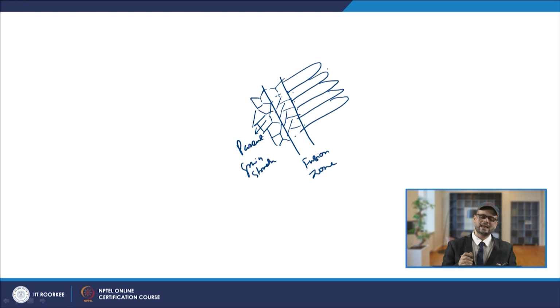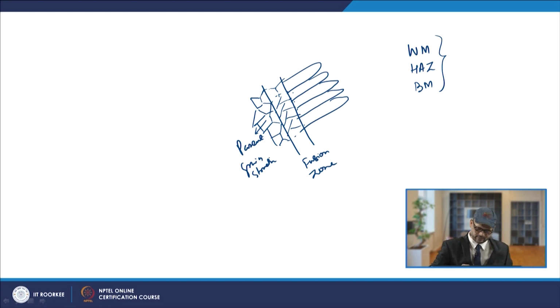So, as we discussed, you have 3 zones. You have the weld metal zone, the heat affected zone, and then the base metal zone. These are the 3 different zones which occur. Now, if you have the fusion zone, then on this side up to a certain distance the structure will be changed. There is likelihood that the structure and properties also get changed.